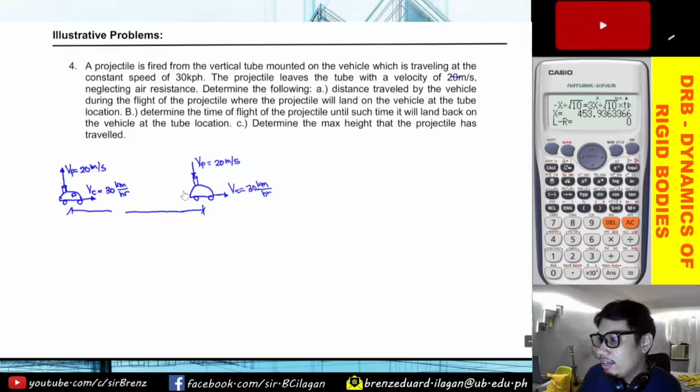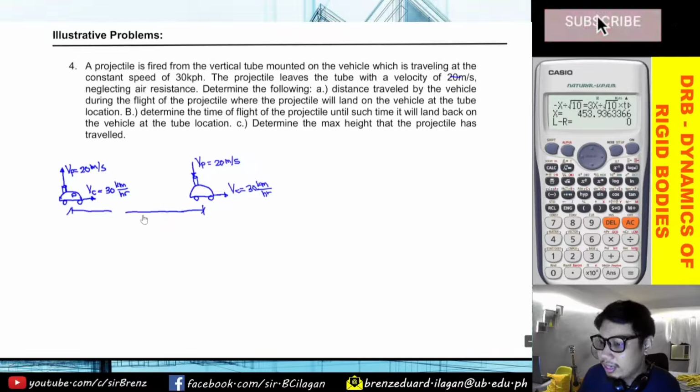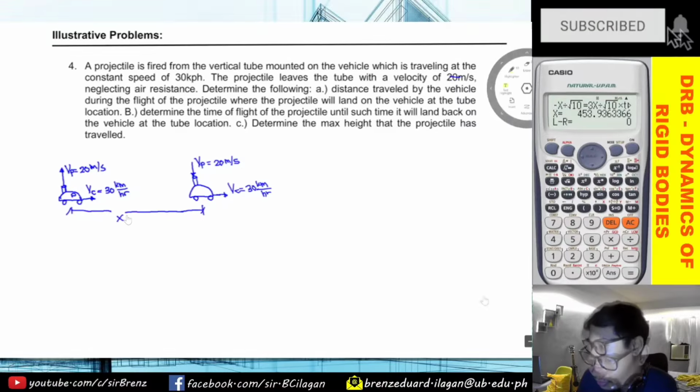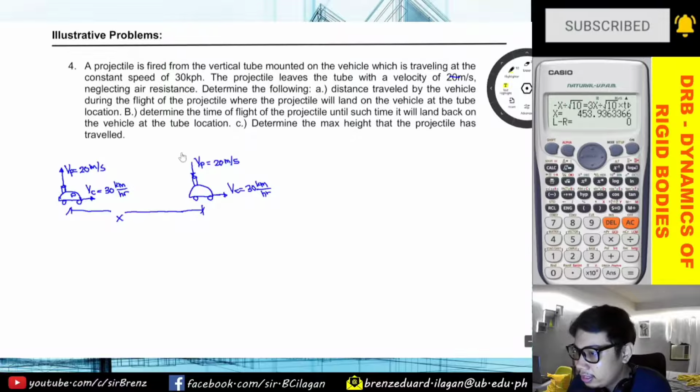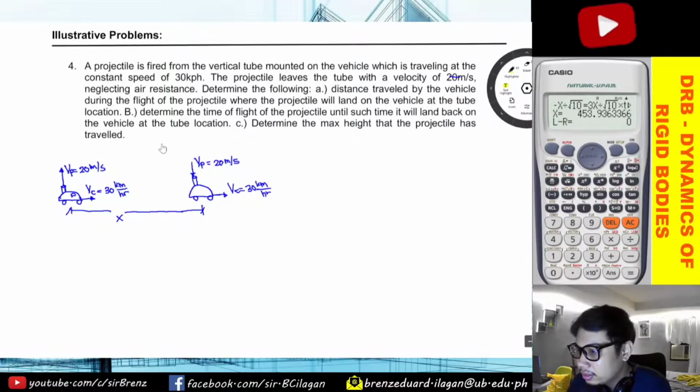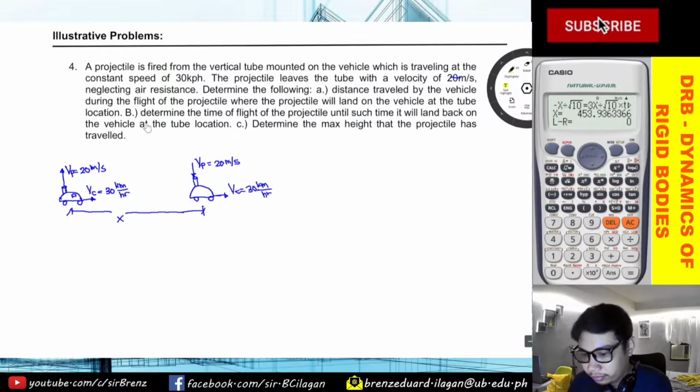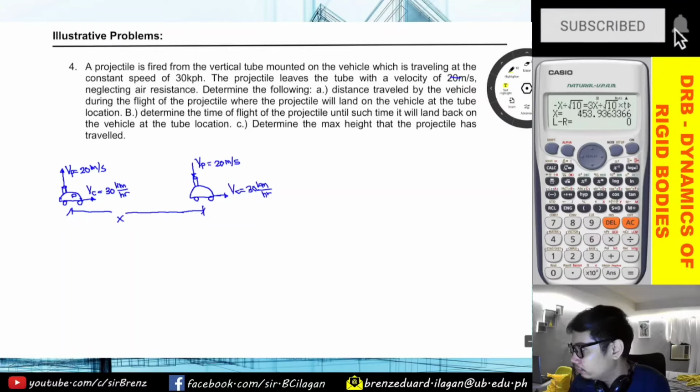Okay, so ang hinahanap doon sa una, ano nga, distance traveled by the car. So ilalabel na lang natin to as x. Okay, so I think it's better if we convert first yung velocity ng car to meter per second. So ano nga yan? Divide nga ba ng 3.6 or multiply? So, mali pala. So, kilometer per hour.